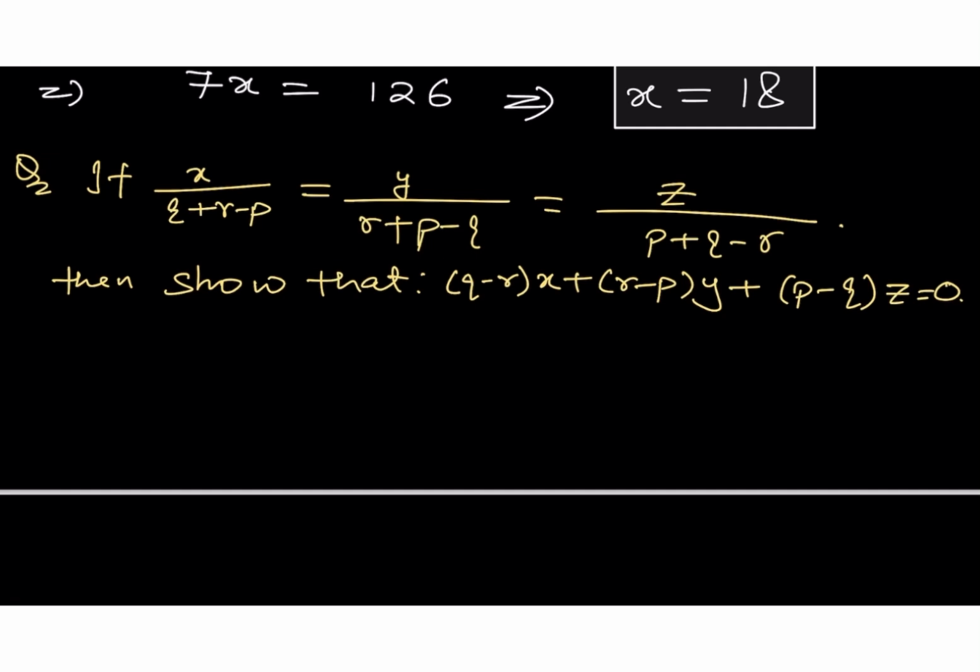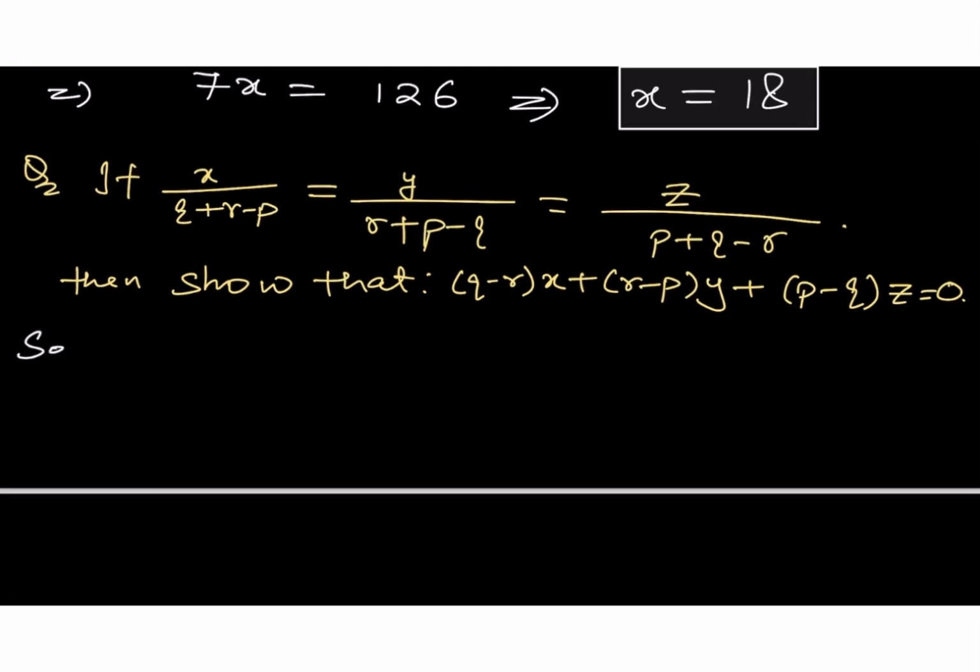But in this question we need only two ratios at a time, because QRRP PQ suggests us that we should take two ratios at a time.